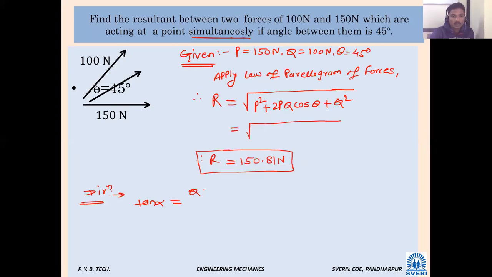Tan alpha is equal to Q sin theta divided by P plus Q cos theta. Tell me directly the value of alpha.